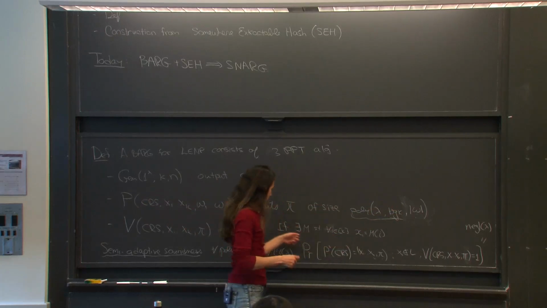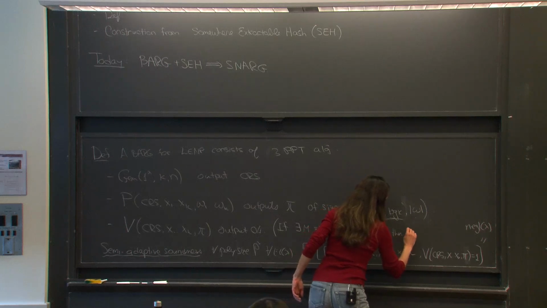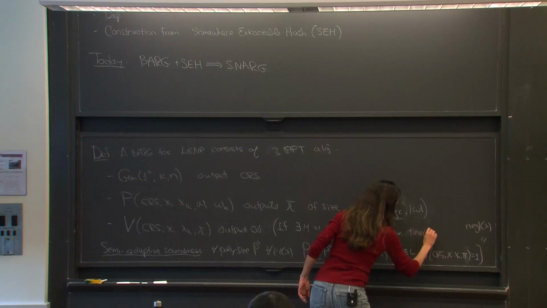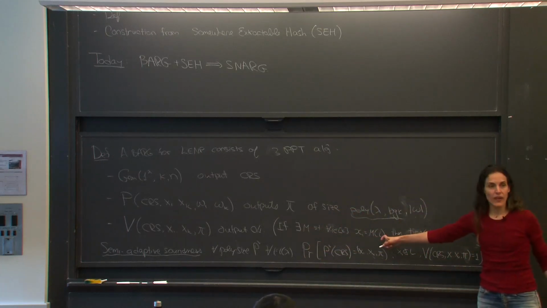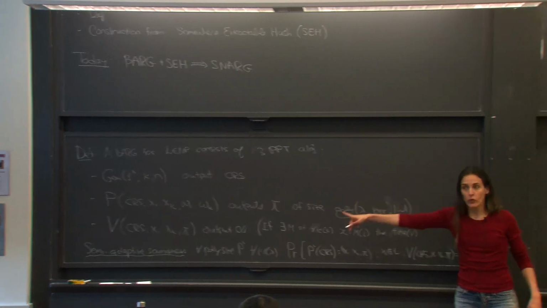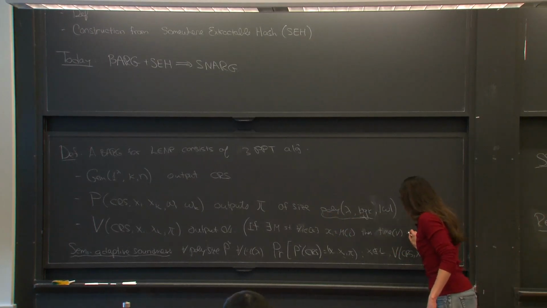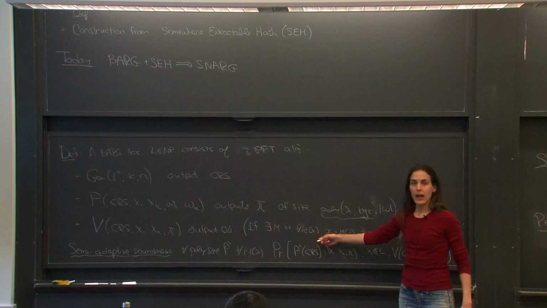If this is the case, then the runtime of V grows with the size of M, and does not grow with k.